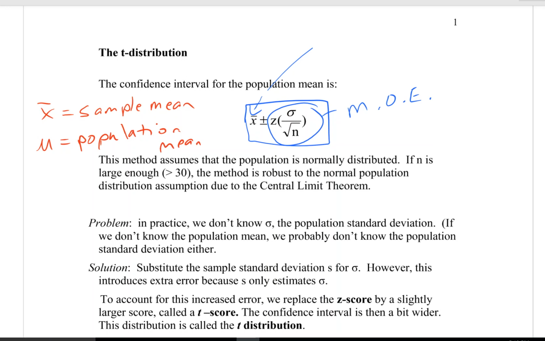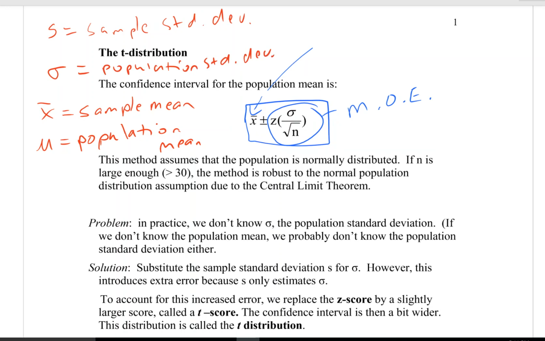We might also look at the sample standard deviation. So we use S for the sample standard deviation. Then our parameter sigma represents the true population standard deviation, which is usually an unknown value.